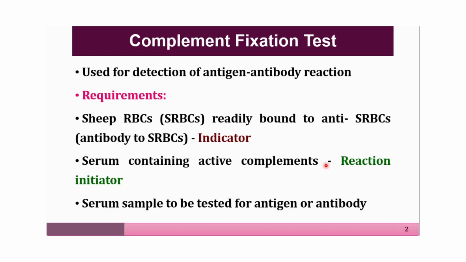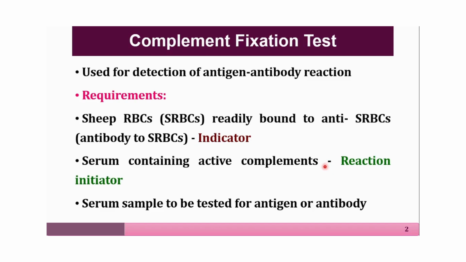Thereby, they react with the antigen of the sheep RBCs and remain attached to it, and they are used as an indicator. So, sheep RBCs readily bound with anti-sheep RBC is used as an indicator in this test.